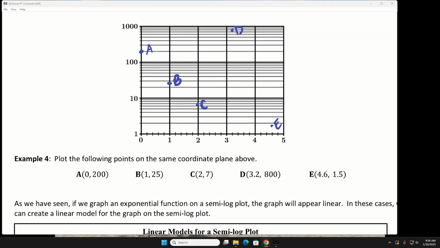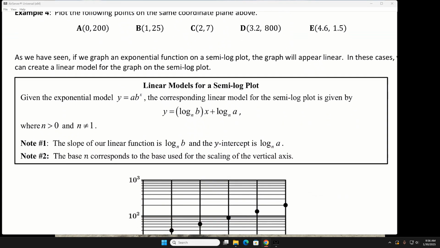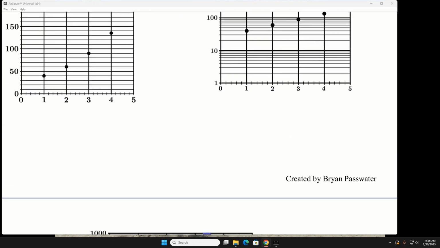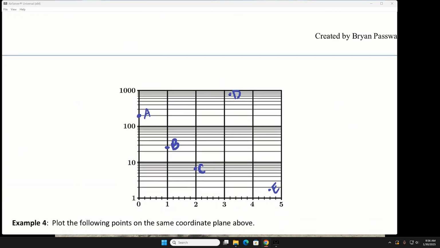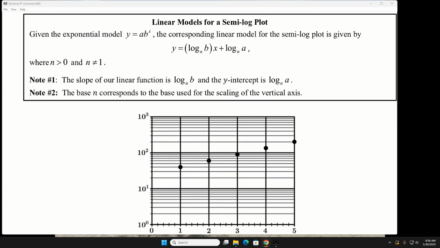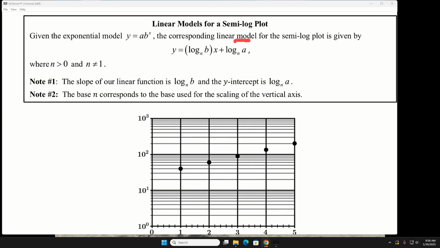So this last one, what we're going to do is actually take this same graph from example 3, and we're going to write an equation for the linear model of the logarithmically scaled graph. So the linear model for the semi-log plot, you'll have the slope in front of x, and then this will be the y-intercept.